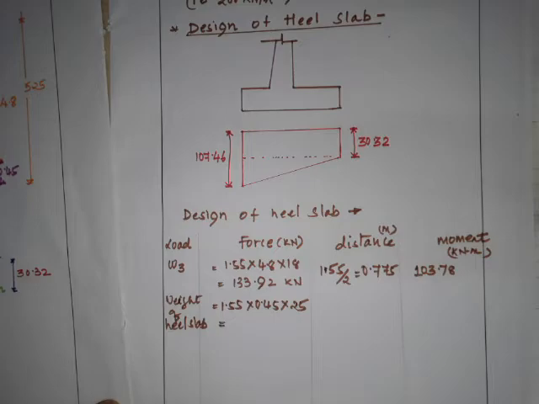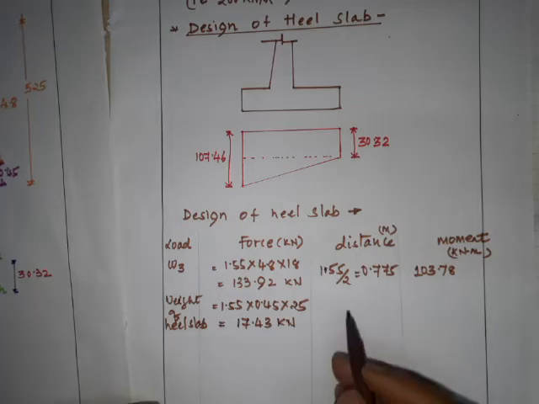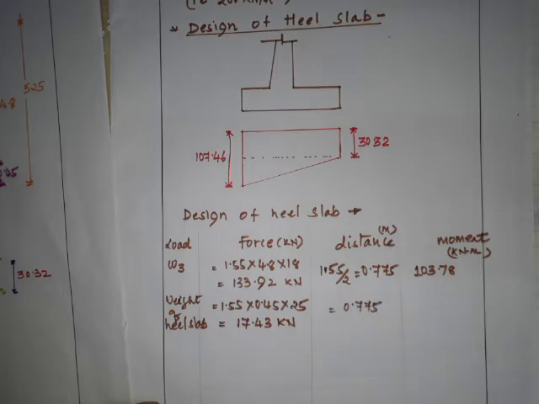So we get this as 17.43 kilonewton. And the distance is again 1.55 by 2, so I'll write 0.775.